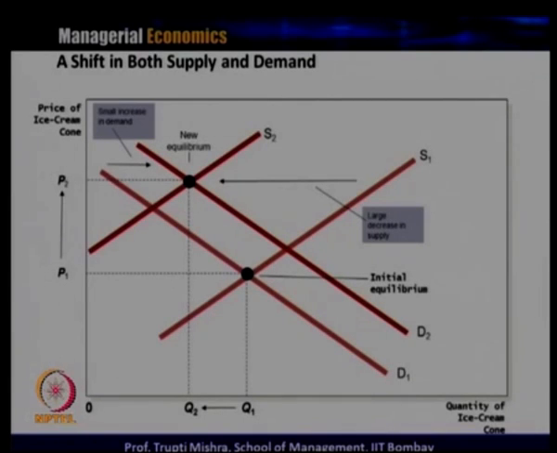The reason is that the decrease in the supply is greater than the increase in the demand, so at the new equilibrium point, the equilibrium quantity decreases from Q1 to Q2. So when supply is decreasing, demand is increasing, and the decrease in the supply is greater than the increase in the demand, at the new equilibrium the price increases; however, there is a decrease in the quantity.